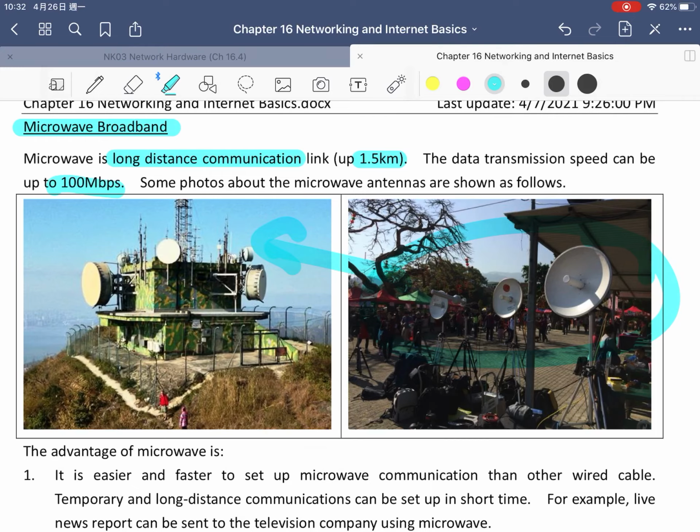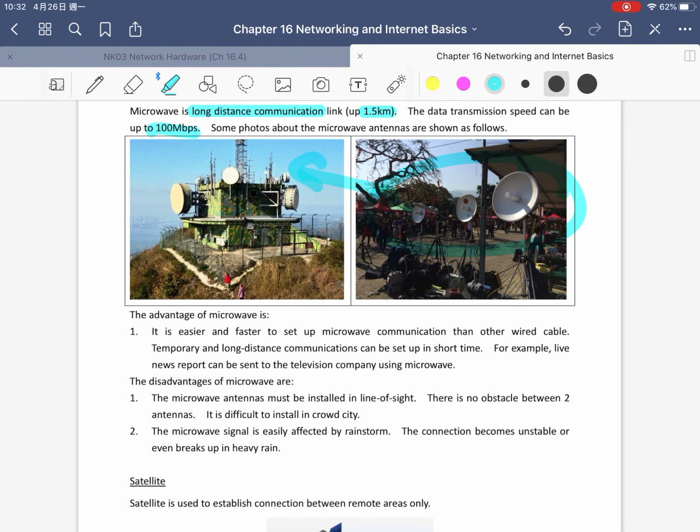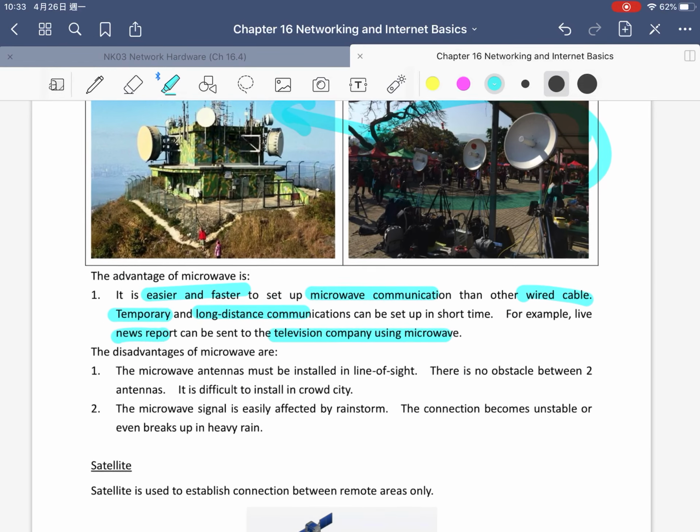It's set up to communicate with the hilltop antenna. So the advantage is it is easy and fast to set up the microwave communication than wired. You don't need to do the cabling to put the cable under the ground. So you can set up the temporary long distance link. For example, live news report can be sent to the TV company using the microwave.